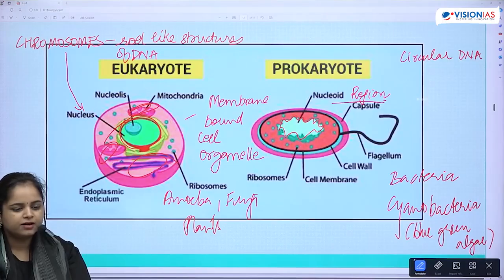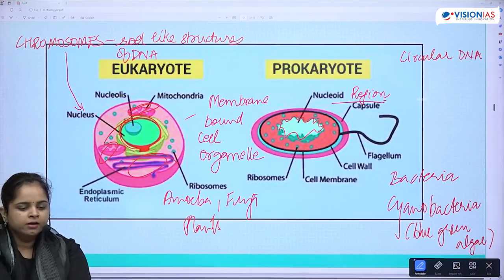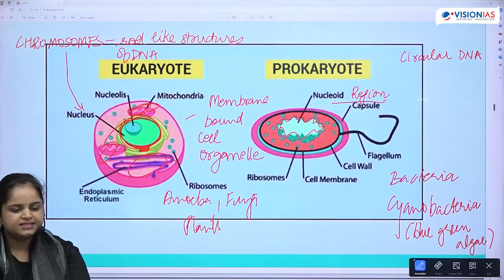They are unicellular organisms which lack a membrane bound nucleus and cell organelle.